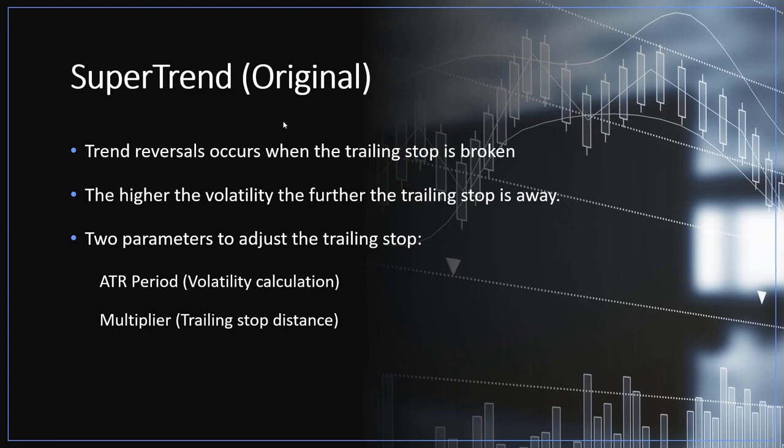Parameter one is the ATR period, where ATR stands for average true range, which basically calculates the average volatility of the symbol. The second parameter is what's called the multiplier, which is used to define the distance of the trading stop. So we take the ATR and multiply it by this multiplier, and we add this to price. The result gives us our trailing stop.